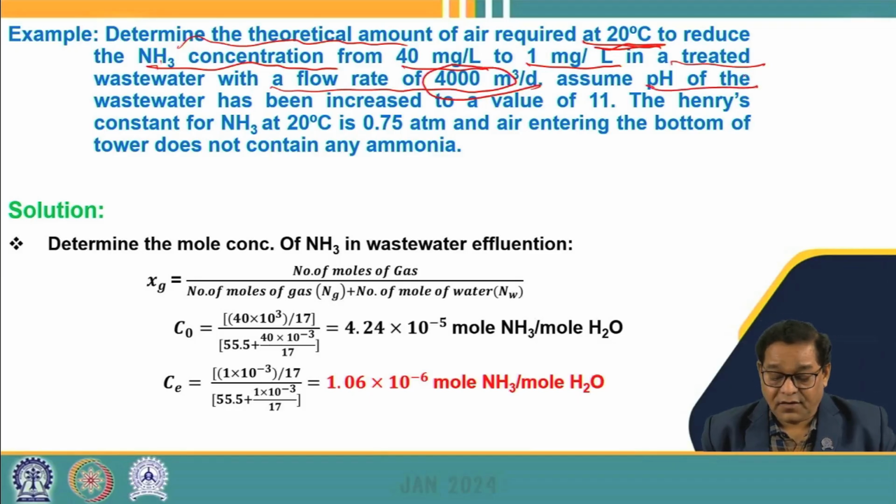The pH of the wastewater has been increased to a value of 11, which is required for the ammonia stripping process.